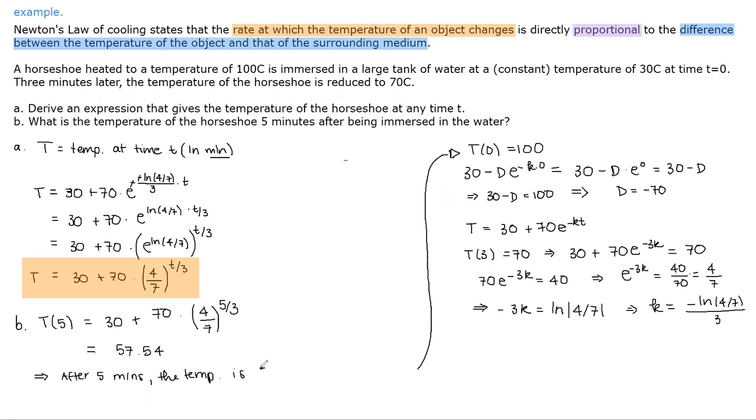And that's the whole problem. So in the first case, we just found the expression for the temperature, whereas in the second question, we actually found the temperature at a given time.